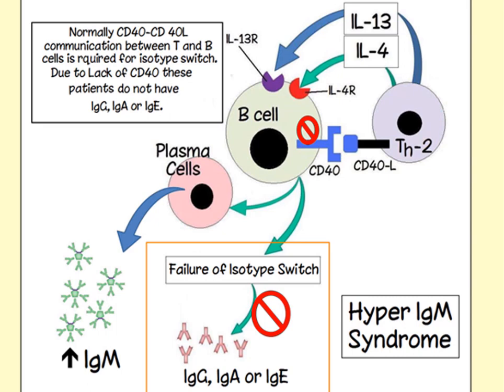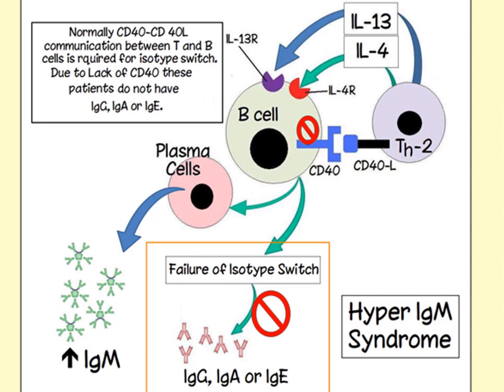But anyhow, the diagram also shows you that this ligand effect is affected in hyper-IgM syndrome. As a result, class switching will not happen, and we're going to produce more than the normal level of IgM.